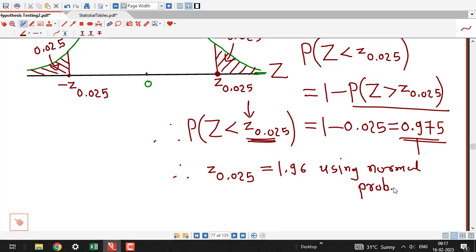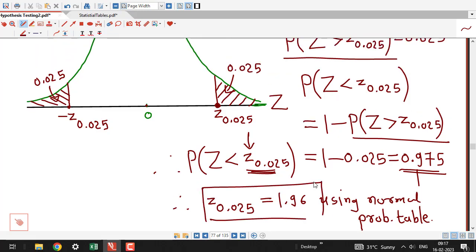Sometimes table values are given in the question. If they are given in the question, you can use them. So here this point z suffix 0.025 is 1.96, and due to symmetry this is minus 1.96.